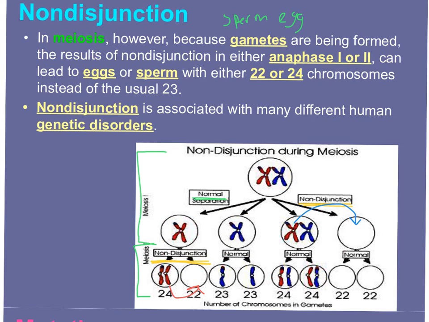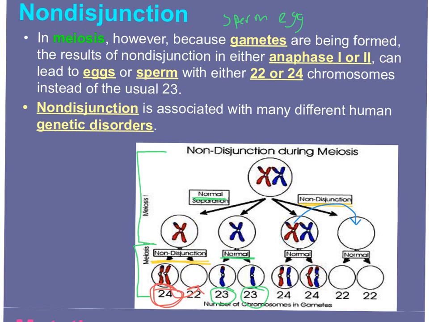Over here, we have a normal separation because we have 23 and 23. Now, our sperm and egg cells should have 23. So earlier we were talking about 46. Well, our goal changed a little bit because our sperm and egg should have 23. And so over here we have 24.